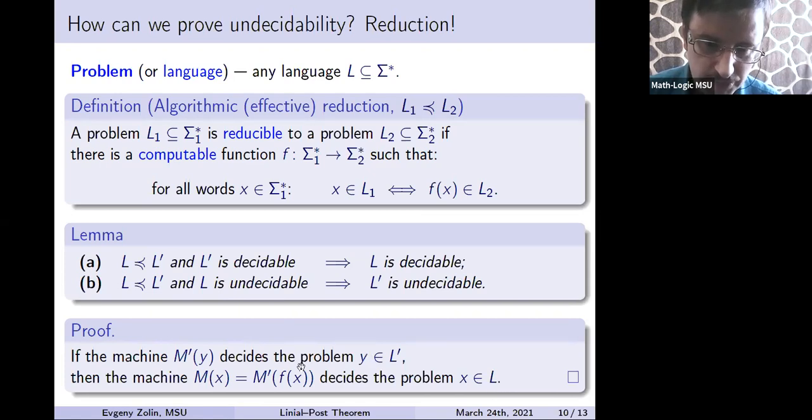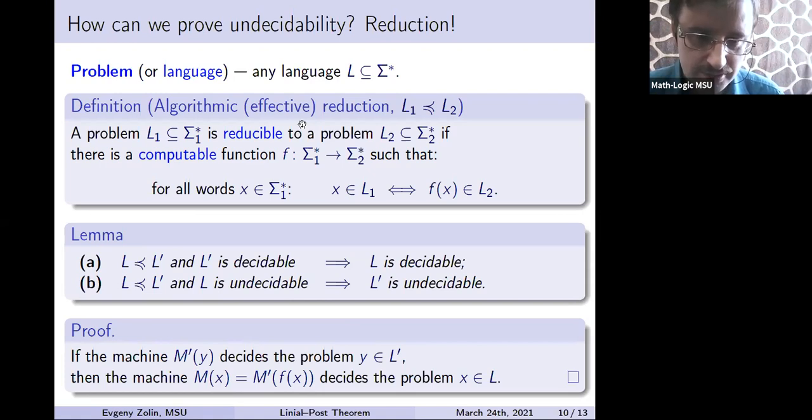Well, we first compute f of x. This is done in a finite number of steps. And then apply this machine M prime. This composite process will be denoted by M of x. And this Turing machine, or this algorithm, indeed decides that x belongs to L.